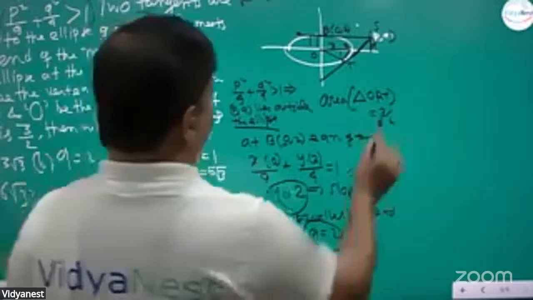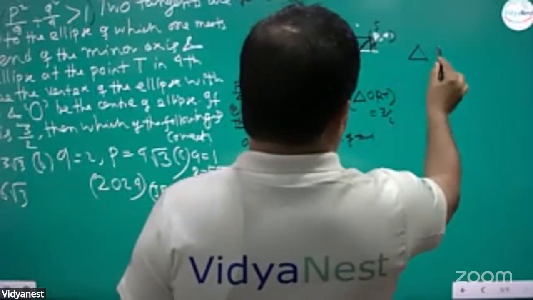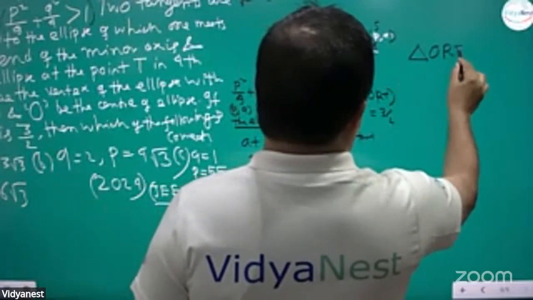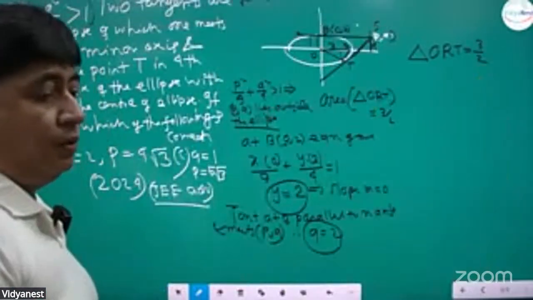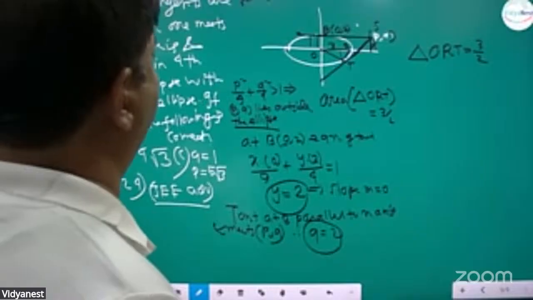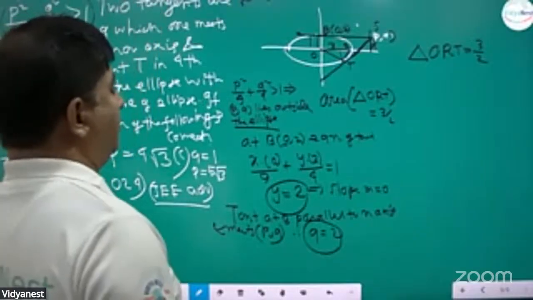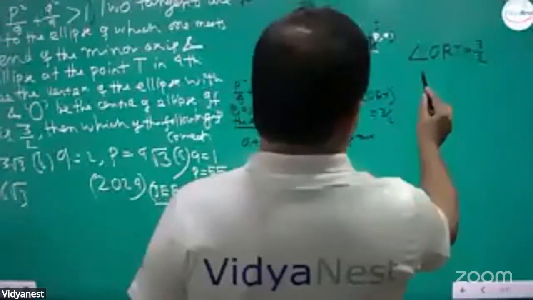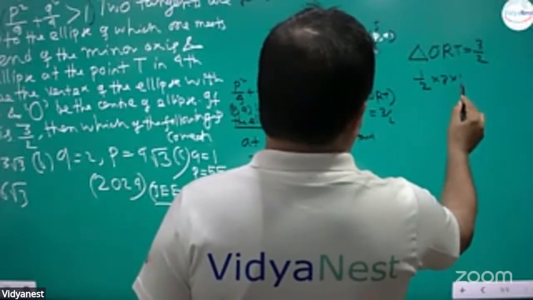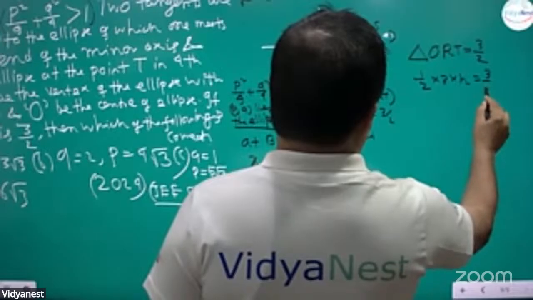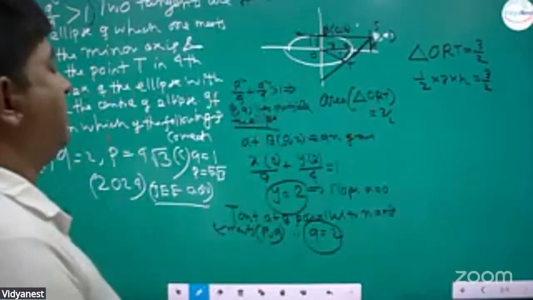See, triangle ORT is 3 by 2. Now, that is half base into height.